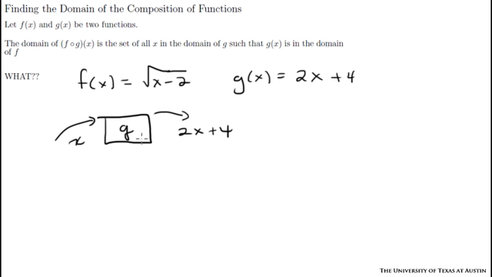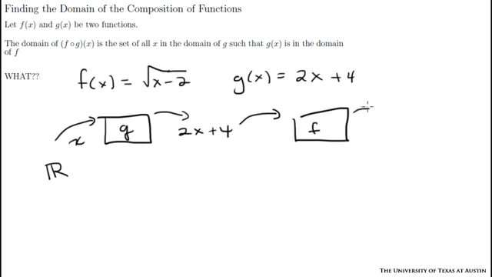Let's talk about what can go into g. Since g is a polynomial function, 2x plus 4, we know that the domain is all real numbers. We can put any number into our g box, and out will come 2x plus 4's. So it's 2x plus 4's that are going to go into my f box.